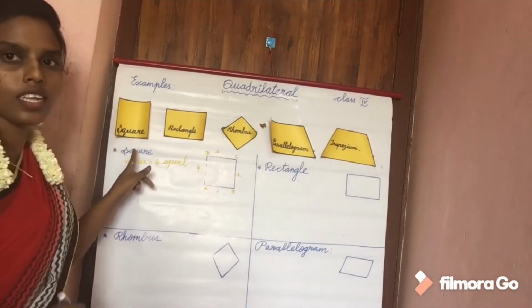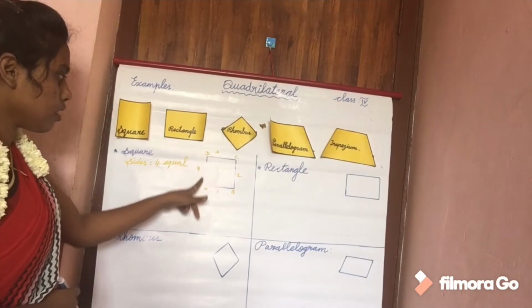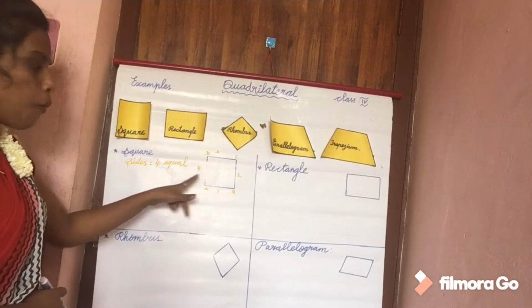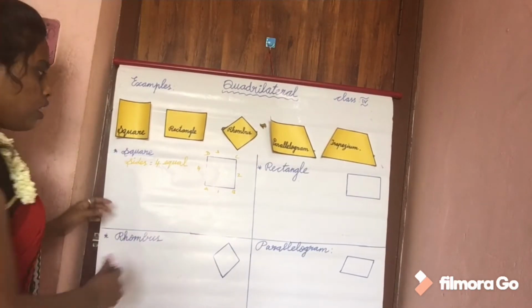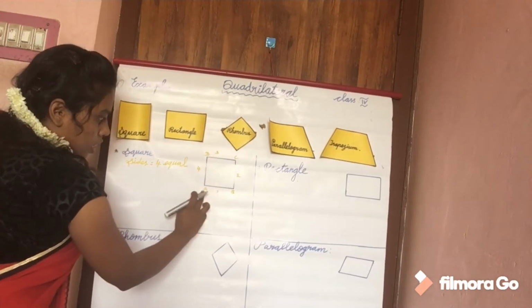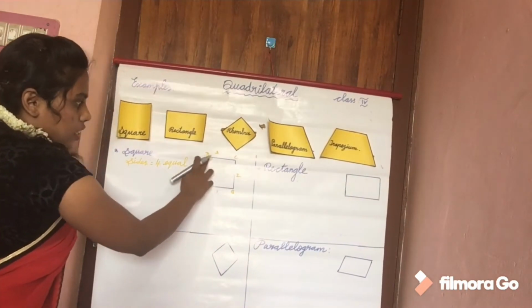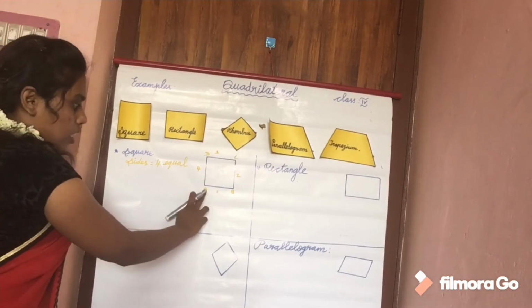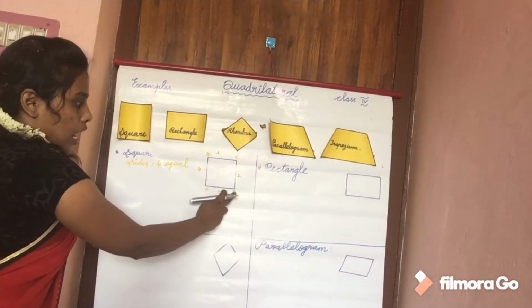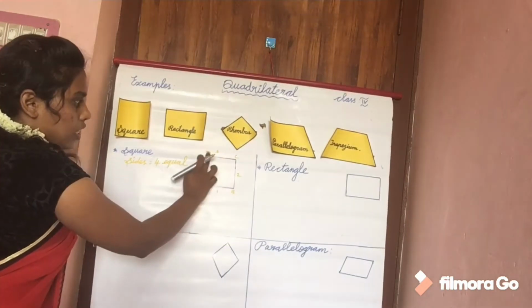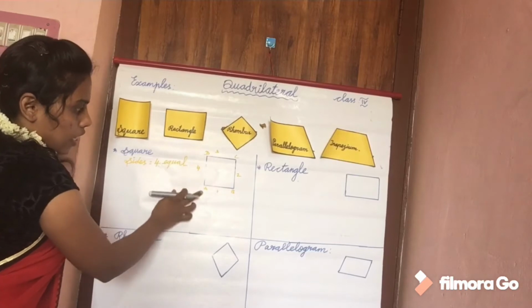The first one is square. Can you see the square shape here? Okay, we'll see how many sides are there in a square. Children, now we'll give names for this figure: A, B, C, D. Next we'll find out the sides. A and B is one side, B and C is the second, C and D the third, and D and A the fourth.